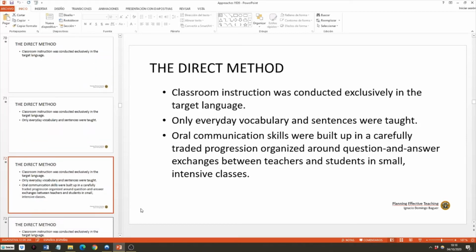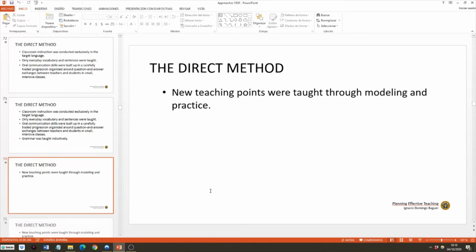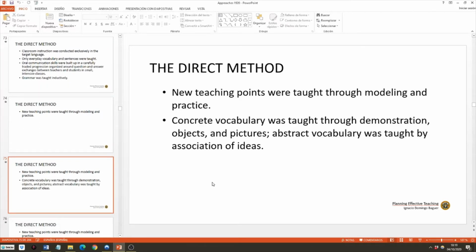New material is presented in dialogue form, typically questions and answers between teacher and students or between students. There is a lot of emphasis on the development of oral and listening skills. All new materials are first introduced and practiced orally, and only when students have spent a lot of time practicing the oral skills will they move on to reading and writing.